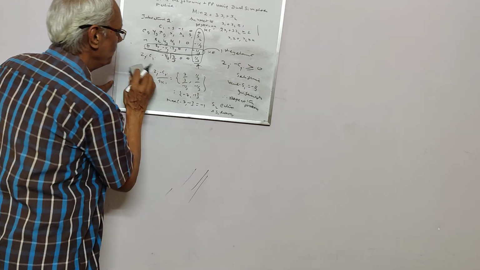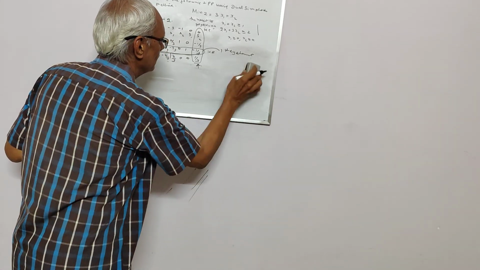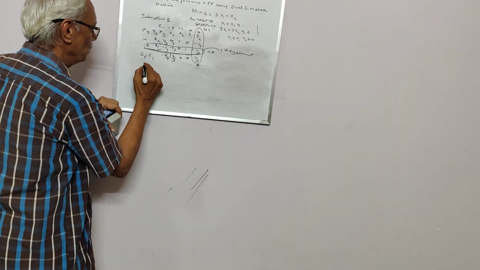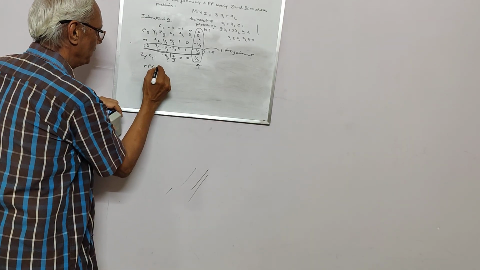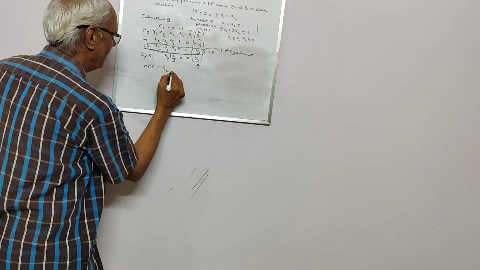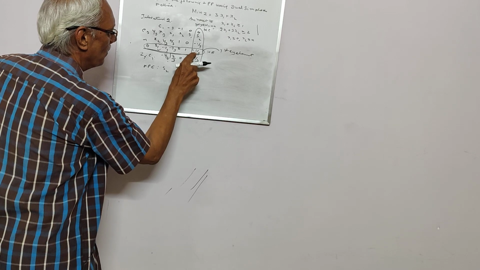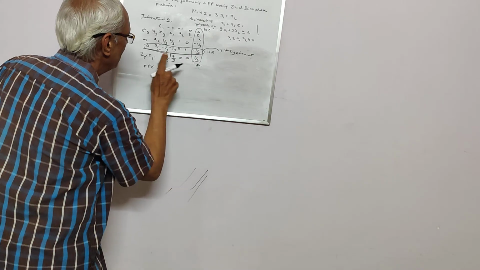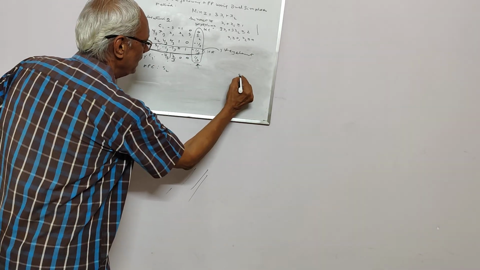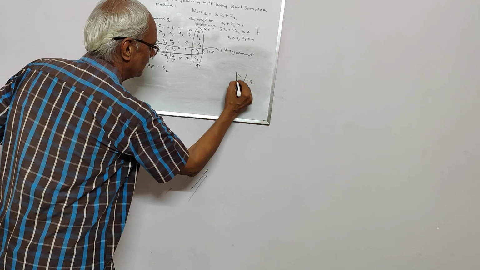Now let us form the new pivot equation. I write here new pivot equation. Which is the entering variable? S2 is entering. So write that. And which is the key element here? Minus 1 by 3. Divide. See, S1, what does it mean? S1 divided by minus 1 by 3.